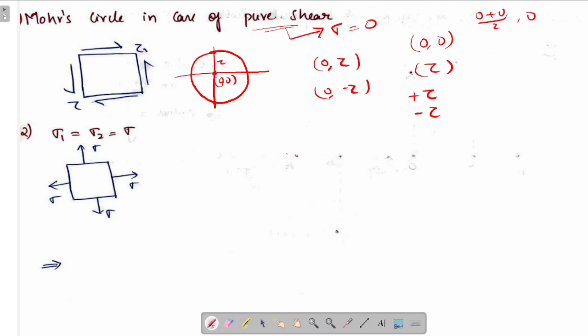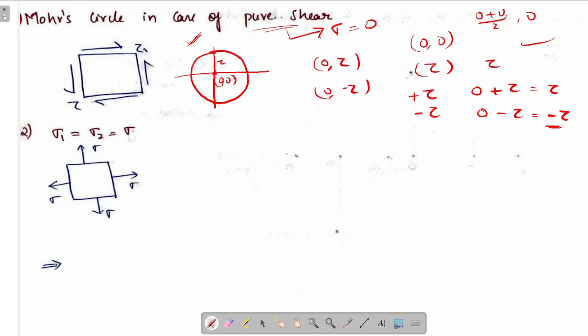Whereas the radius is given by the square root of ((sigma x minus sigma y) by 2) whole square plus tau x y whole square. By substituting this, we get the radius as tau. Major principal stress is center plus radius, so we get plus tau. Center minus radius gives the minor principal stress as minus tau. By using the formula also, we get the same values.